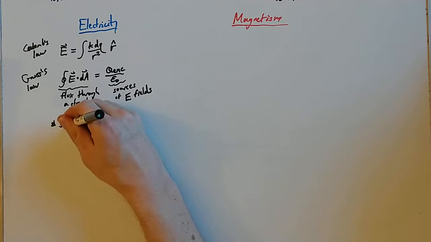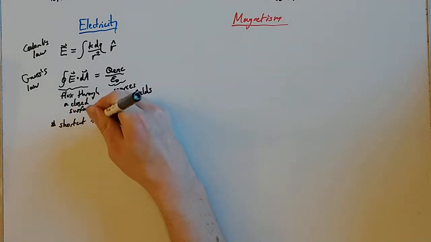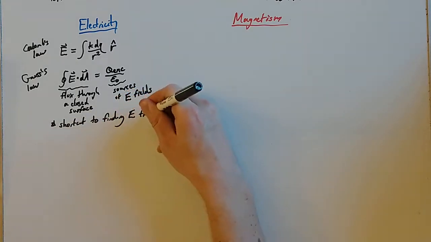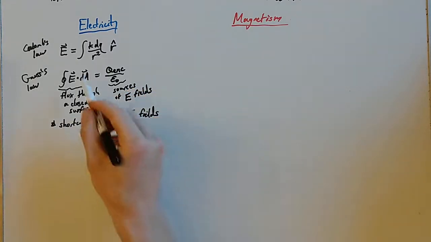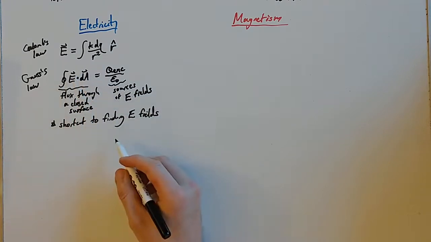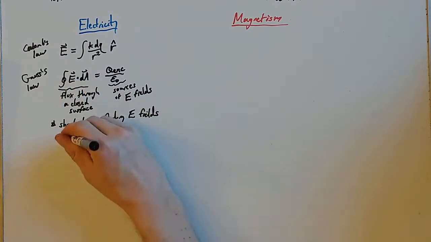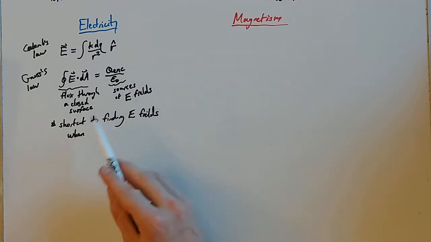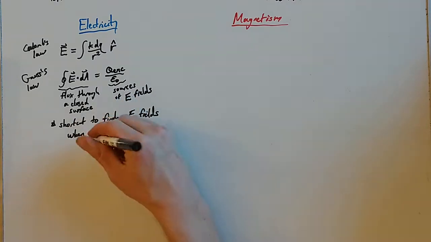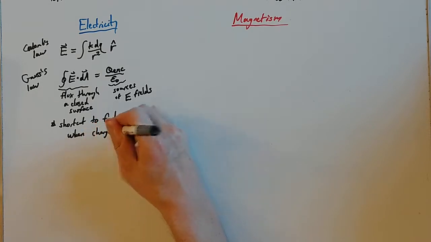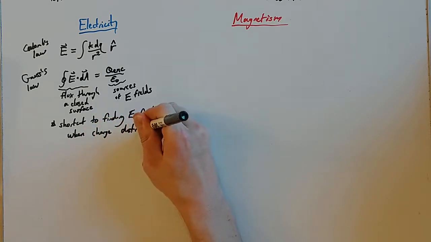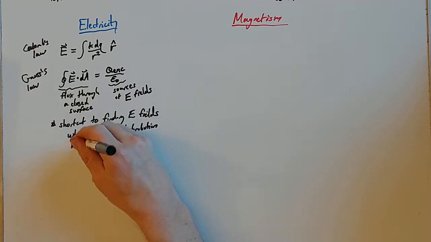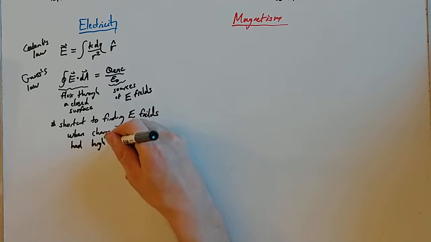It was a shortcut to finding E fields, where there's an E here, so you can calculate E fields when the charge distribution had high symmetry.